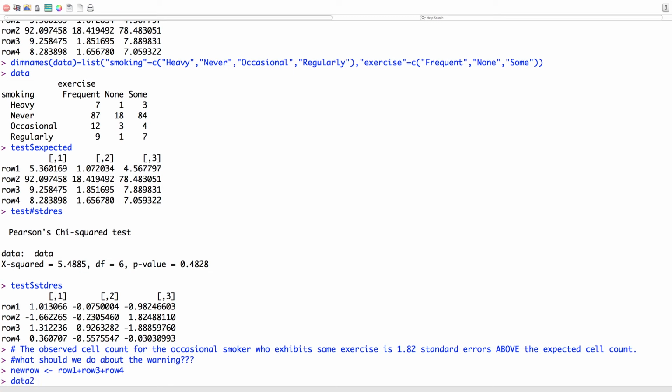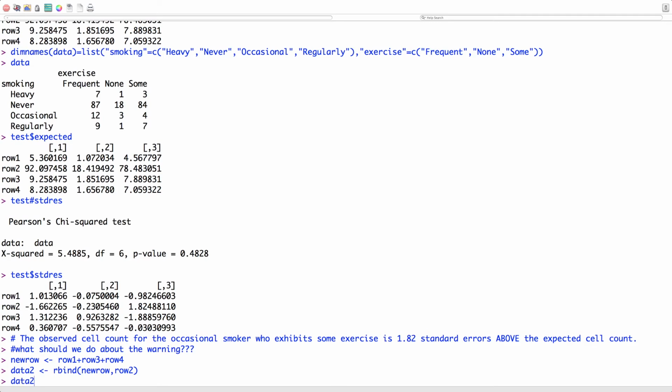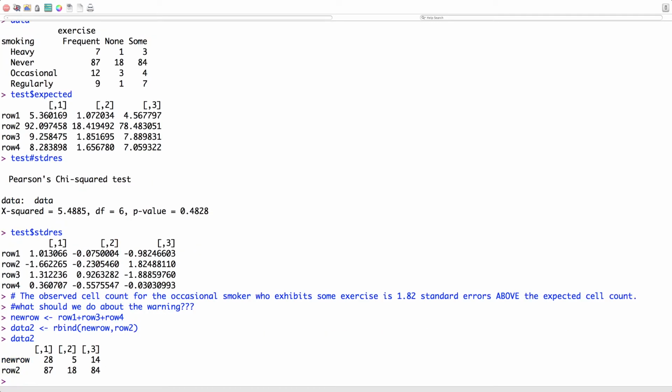Let's call this data 2. So I would go rbind, and I would have my new row along with row 2. So when I get data 2, I'm going to end up with these values.